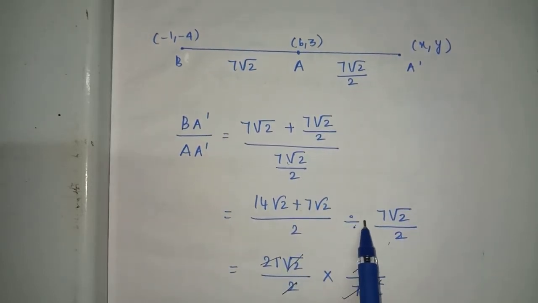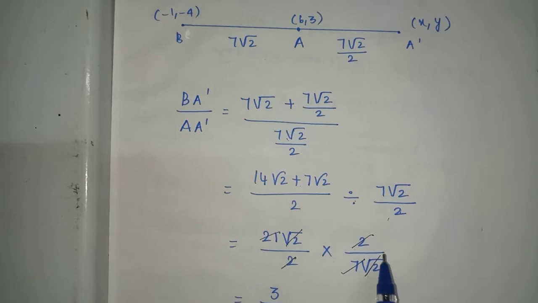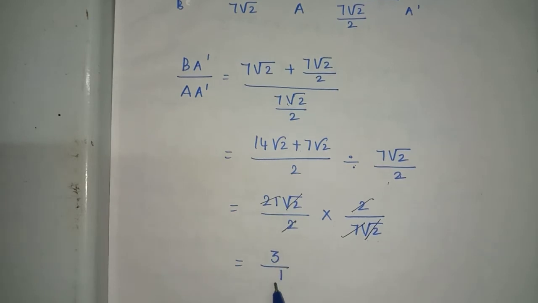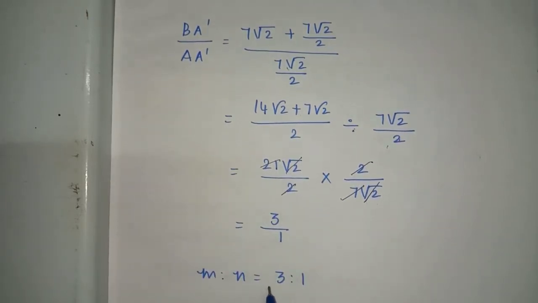If you change the division into multiplication, the denominator will become the numerator and the numerator will become the denominator. So root 2 gets cancelled, 2 gets cancelled, 7 21s are 3. Which is equal to 3 by 1, which is nothing but the ratio m is to n equal to 3 is to 1.